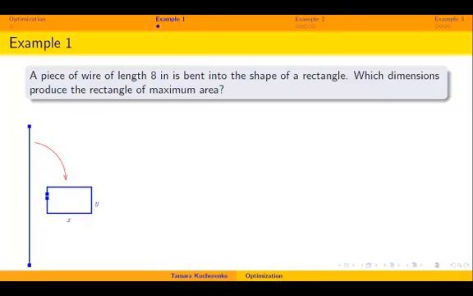We denote the length of the obtained rectangle by x, the width by y, and its area by A. The length of the wire, 8 inches, is the perimeter of the rectangle. Therefore, we are given that the perimeter of the rectangle, 2x plus 2y, equals 8.